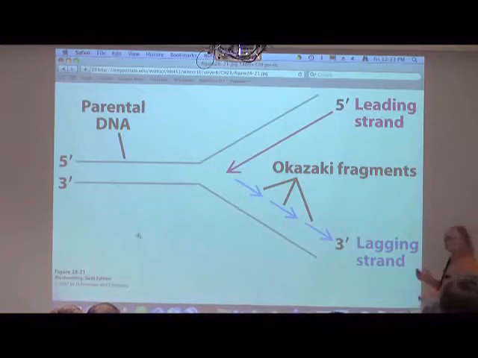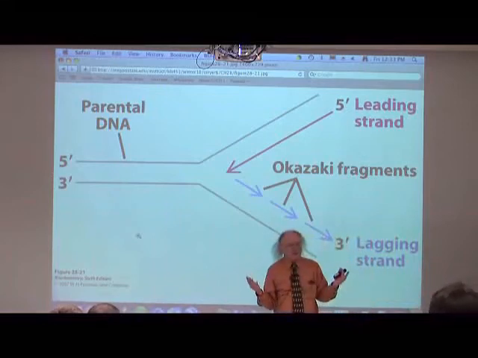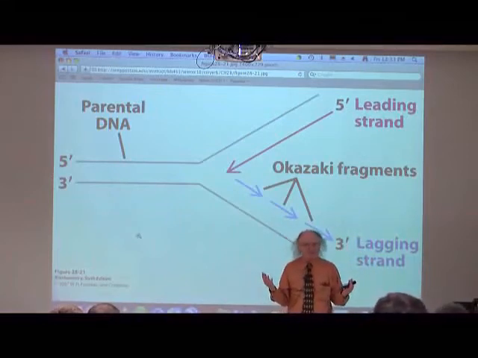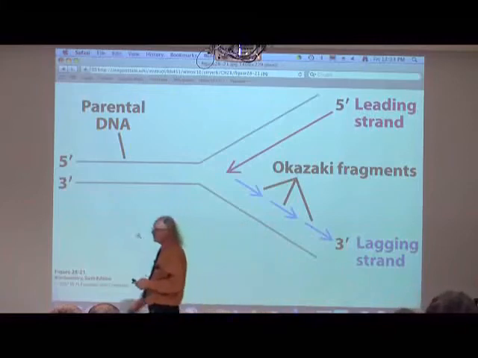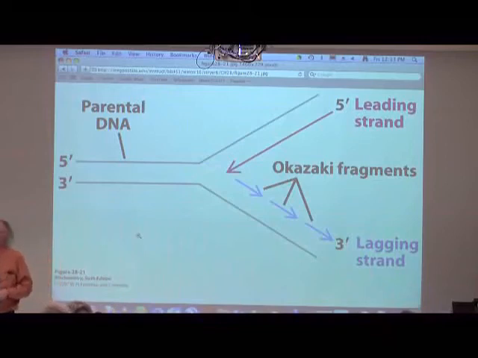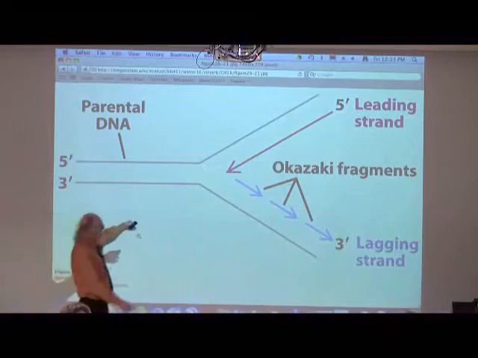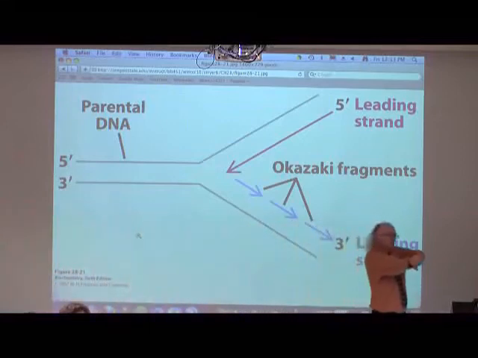If I nick one of the strands by a chemical process, I've just broken the DNA molecule and it can't be fixed. So cells protect those single strands using a protein called SSB, single strand binding protein. When it finds a single strand of DNA, it covers it, protecting it from damage.